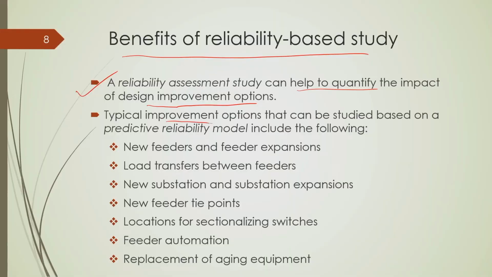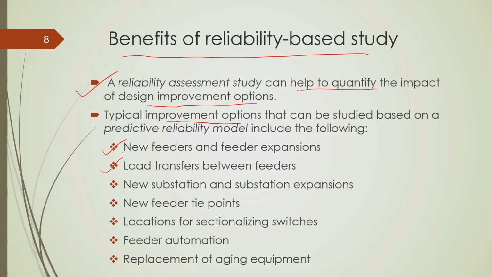Now, what are the typical improvement options that can be done with this predictive reliability model, or by analyzing reliability appropriately? We can design a few new feeders, and when we go for feeder expansion, this will be helpful.